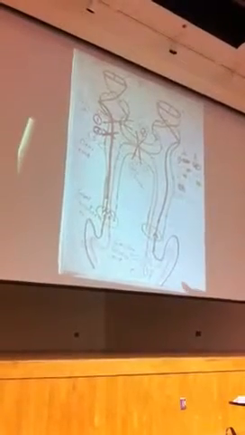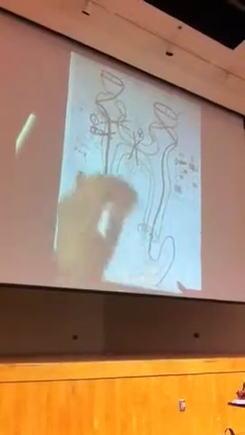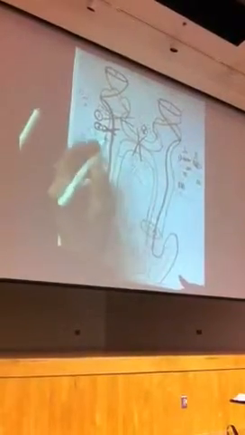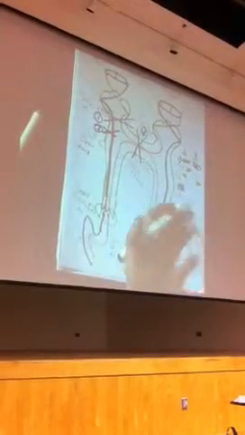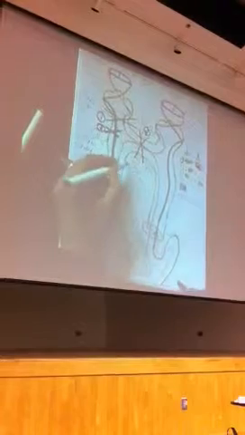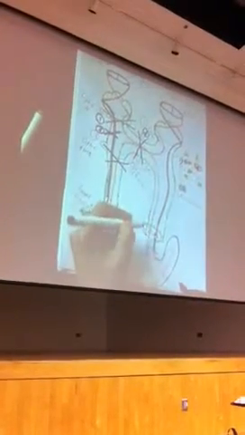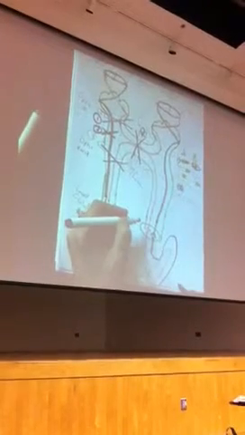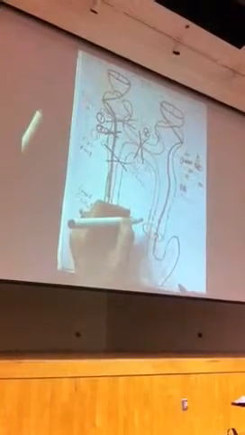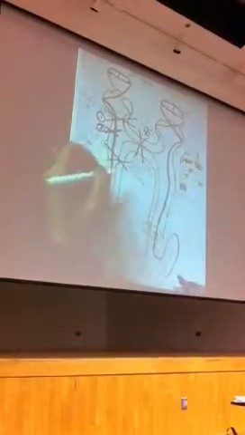Number 4. If there is damage to the, for example, could be right side, could be left side. But for us, for today's problem, it is damage to the left optic tract. Left optic tract. Okay.